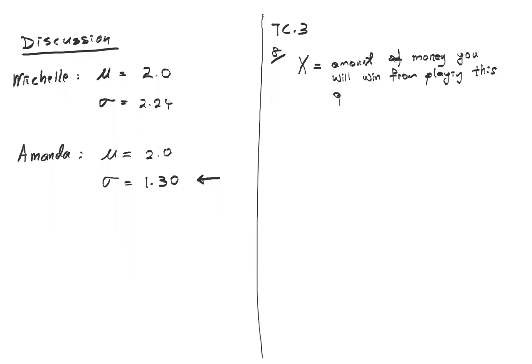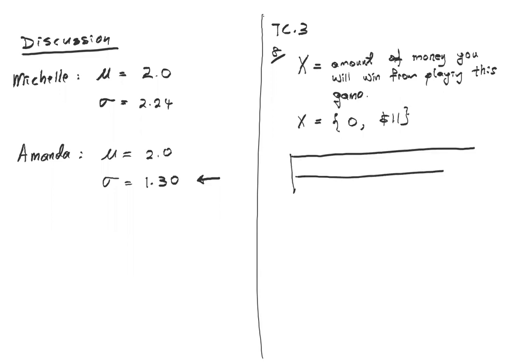I try to define it as accurately as possible for you. So possible values for X will be 0 and 11. All right, so I'll build the probability distribution table.